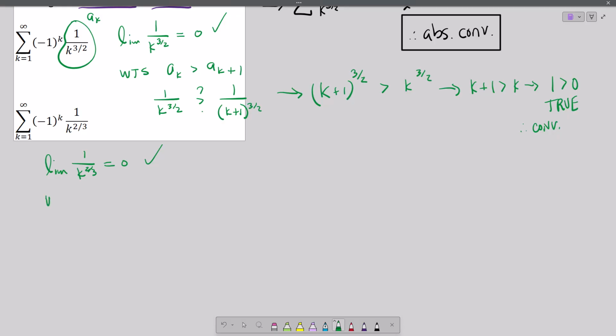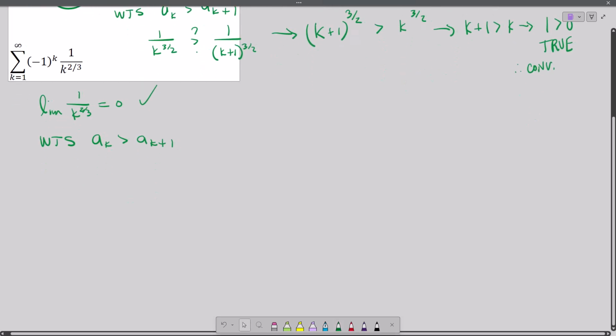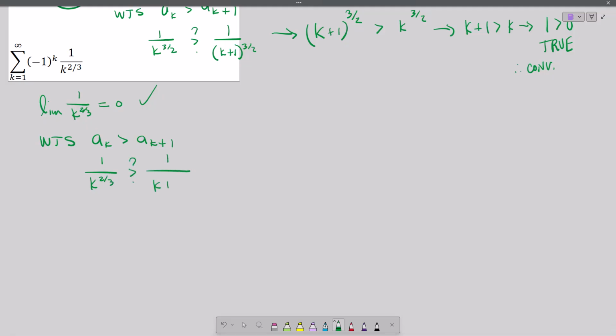And then here we want to show that the terms are decreasing, and we know they are, because if the k is in the denominator, the bigger k gets, the smaller the fraction gets. So the a sub k, and then if we add 1 to the k, the denominator is getting bigger. We know the fractions are going to get smaller, but we have to show the math.